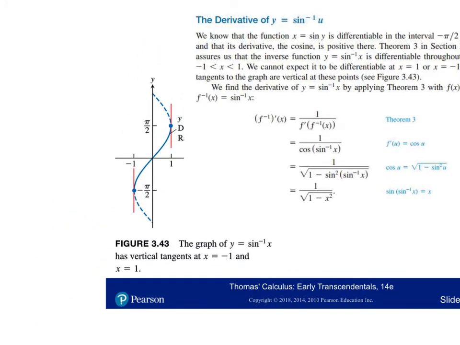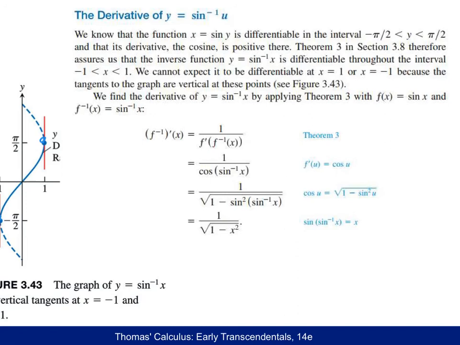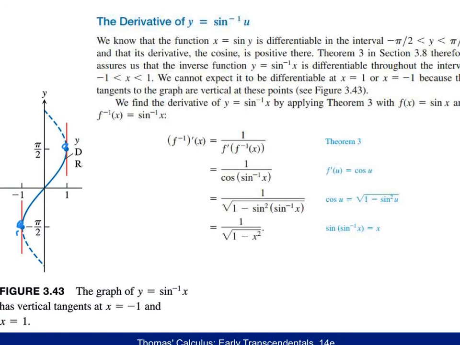Okay, so here, from here to here, is the picture of your arc sine. And he wants to calculate the derivative of arc sine. The book decided to introduce you to it by using that formula that we had, that the derivative of the inverse is equal to 1 over the derivative of f of the inverse.